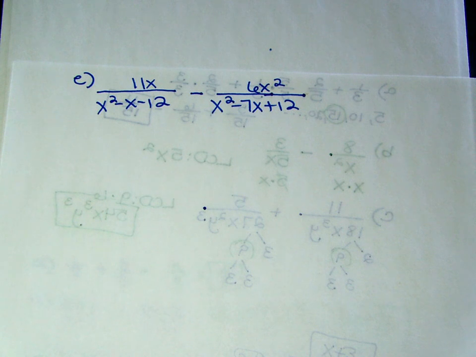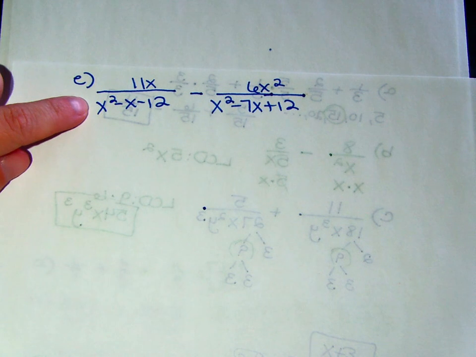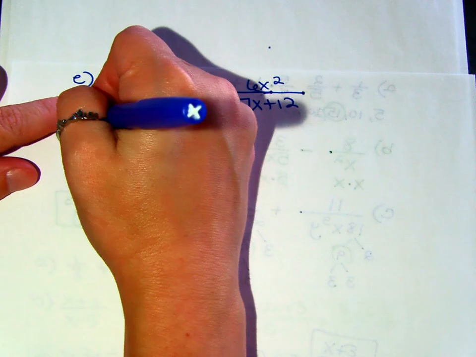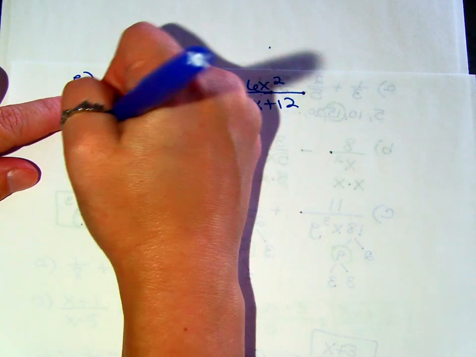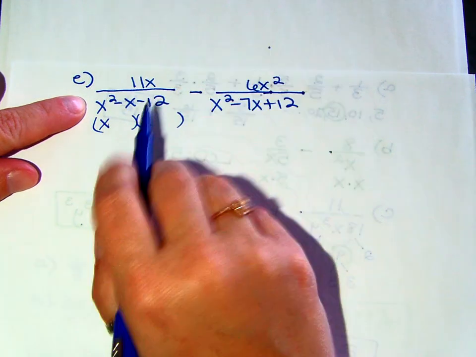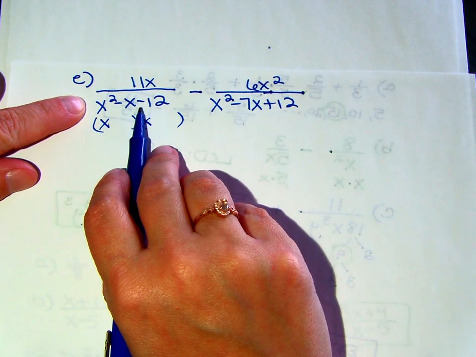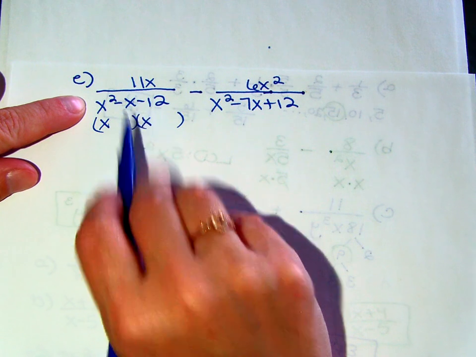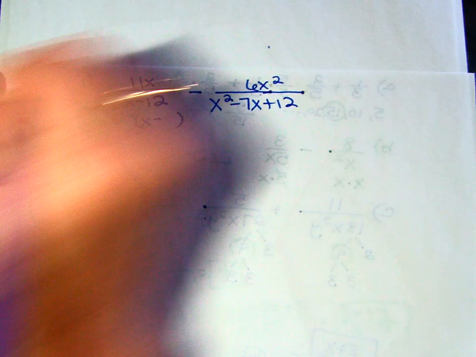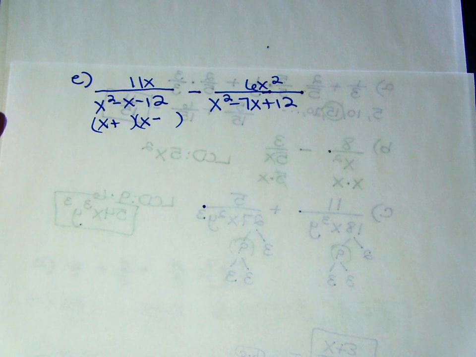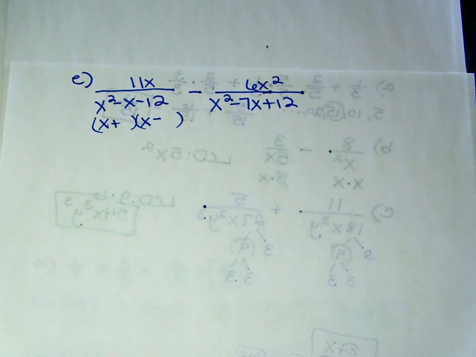So for x squared minus x minus 12, I know I'm going to have two binomials. My first term will be x. Since the sign in front of my 12 is negative, I know that I'm going to have a plus and a minus. So I need factors of 12 that will subtract to give me just a 1. So factors of 12 will be 1 and 12, 2 and 6, 3 and 4.